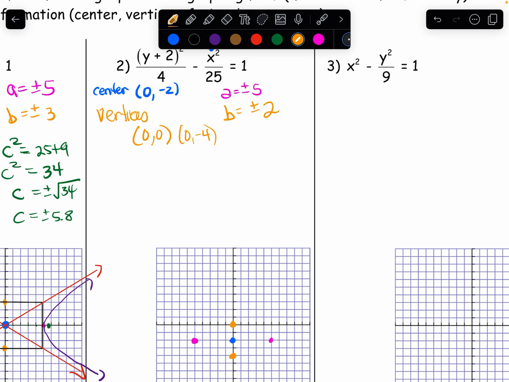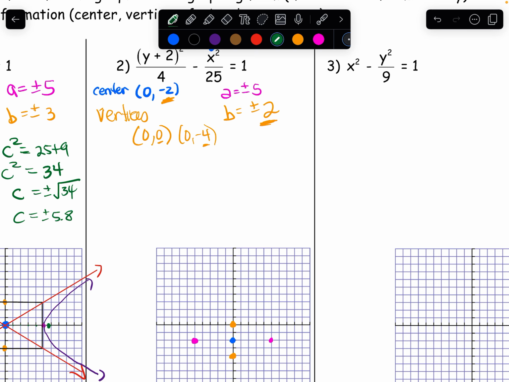I just looked at the picture. But I could have done it by taking this negative 2 right here and this b value. So negative 2 plus 2 got you 0. Negative 2 minus 2 got you negative 4. And that's where those came from.